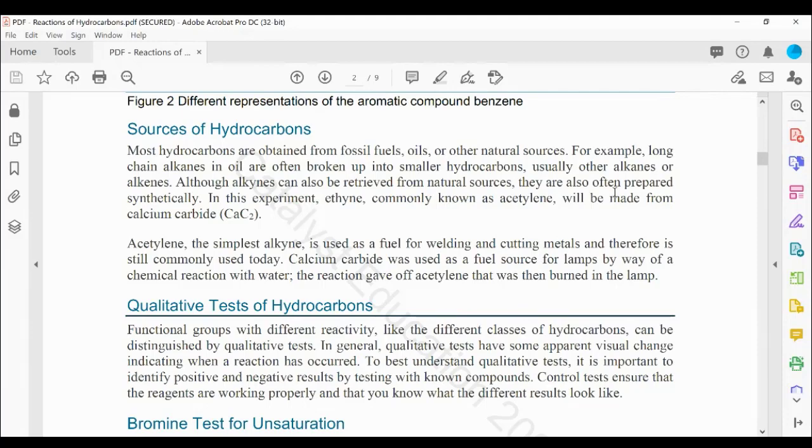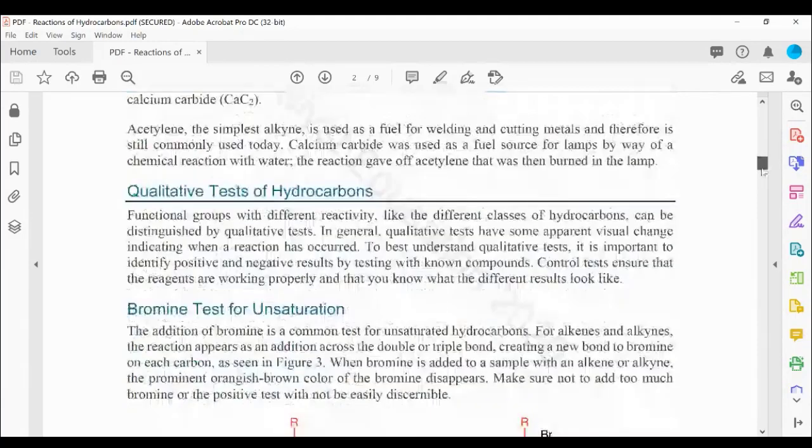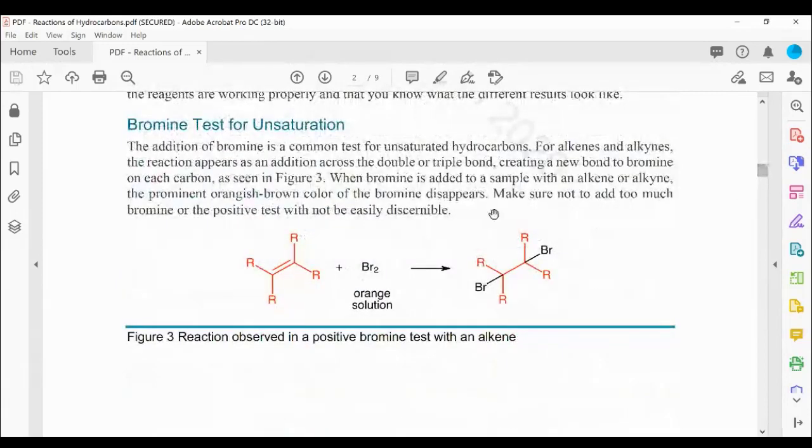For example, the first test here, the bromine test. This is what I was showing right before. The bromine test is to find if you are in the presence of an alkene or an alkyne.